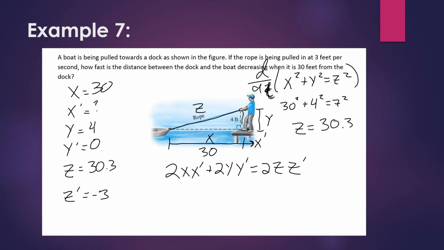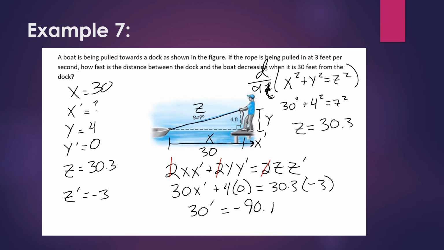So if you want, you can go ahead and cancel out all these 2's. And then I'm going to start plugging in. I'm going to get 30x prime plus 4 times 0 will equal 30.3 times negative 3. So that's 30x prime equals negative 90.9.